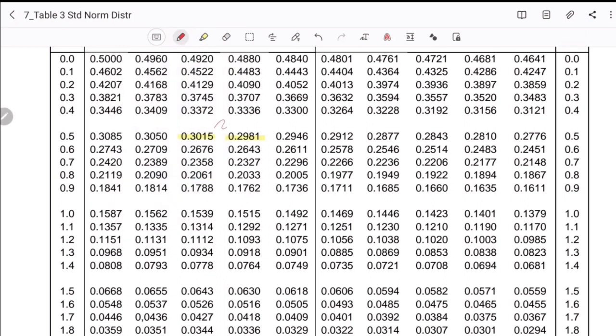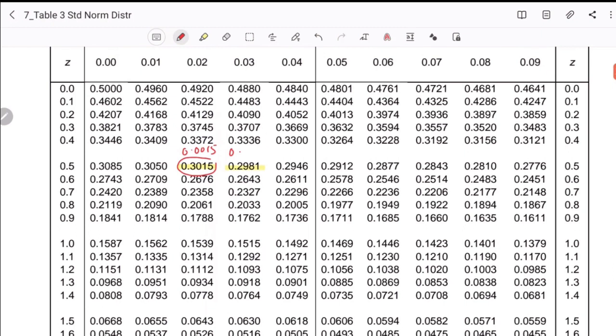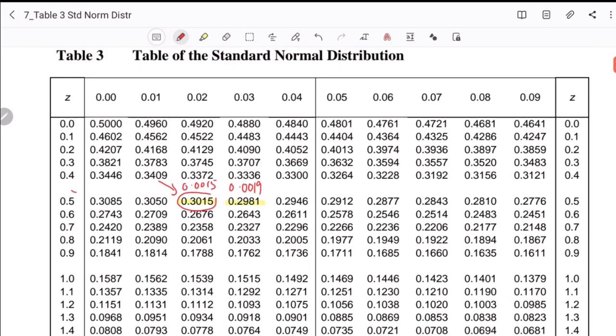The difference of this one with 0.3 is 0.0015. But for this one, the difference with 0.3 is also 0.0015. So here is the closest one, which is Z greater than 0.52.